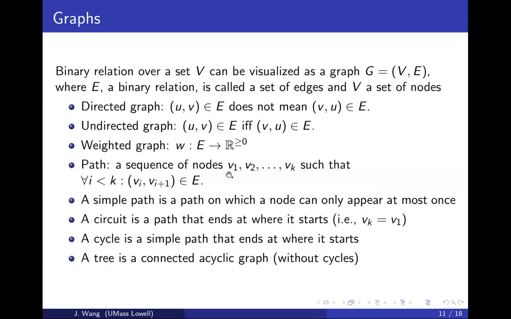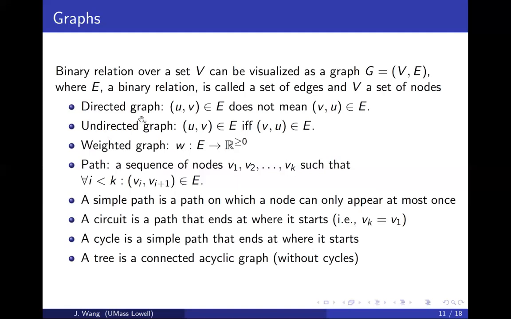All right, then we can define a directed graph. That means that if UV is an edge, it does not imply VU is an edge. Now remember, this is a tuple, right? So it's an ordered pair. If the edge is ordered, it has a direction, then it's called a directed graph.